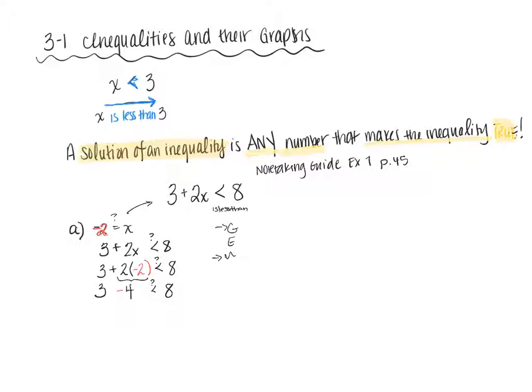Well, now we need to see 3 minus 4. Remember that you're subtracting here. It's the same as saying 4 minus 3 and taking the sign of the bigger one. You're adding opposite signs. So my 4 is negative, so my answer should be negative. So I get -1 is less than 8. Make sure you're highlighting your negatives in red just to help you identify them.